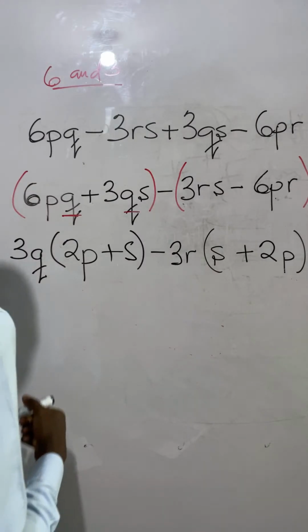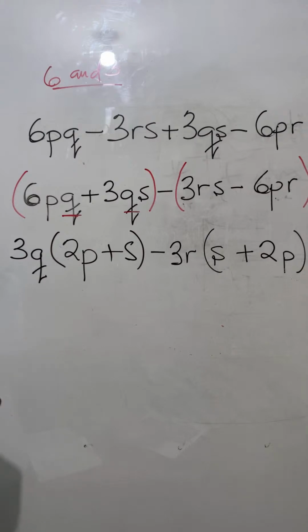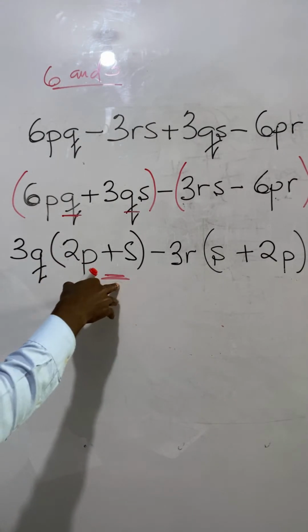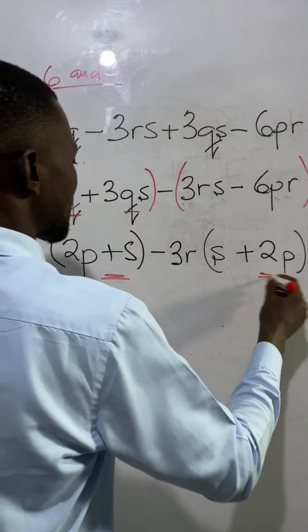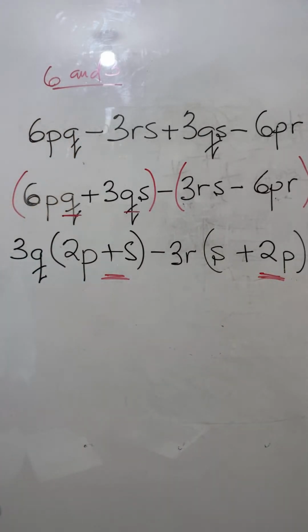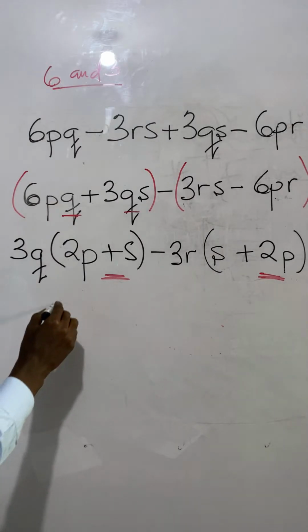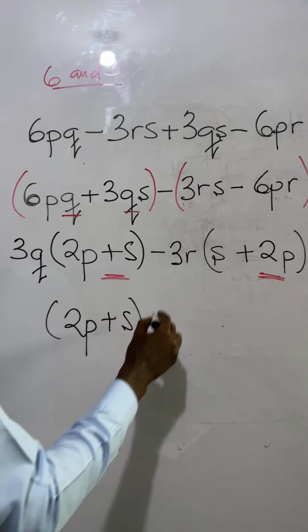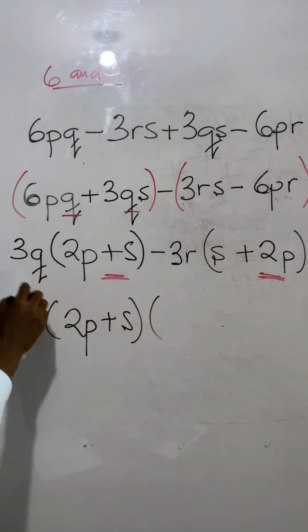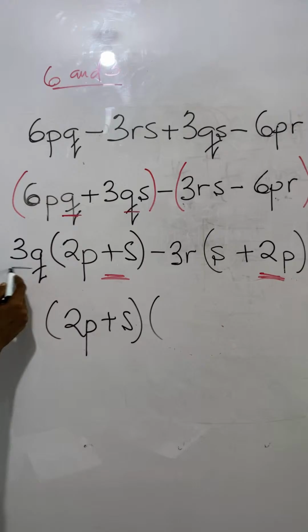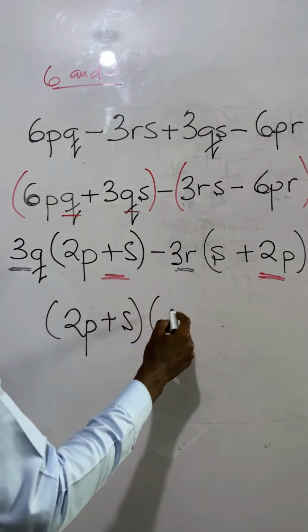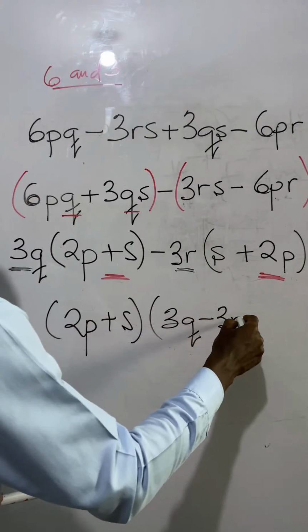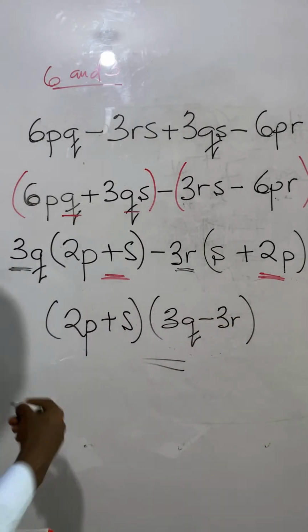So because the things in this bracket are basically the same as what is here, what we are just going to do is pick one of the brackets, pull it out, and put the remaining stuff into the next bracket. So we have 3Q minus 3R in the next bracket.